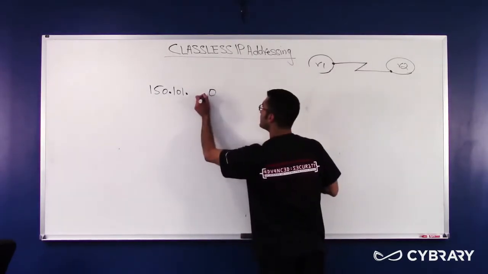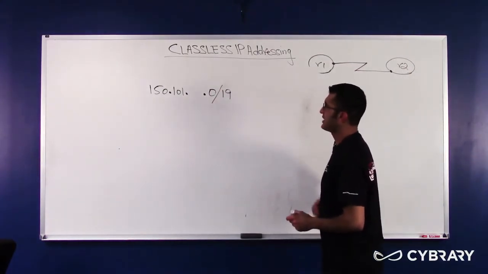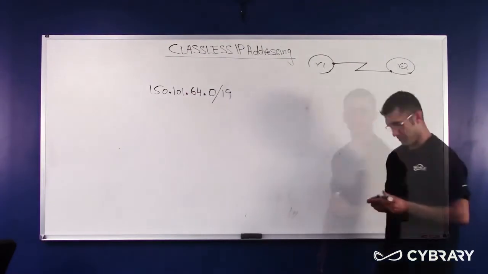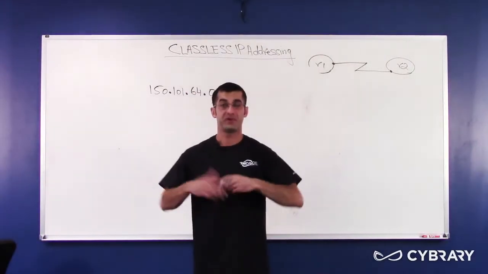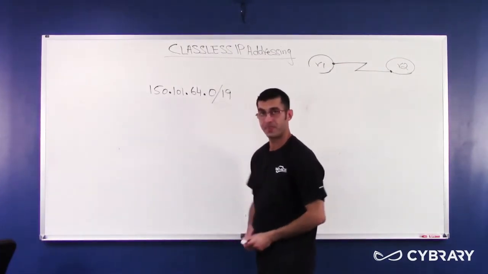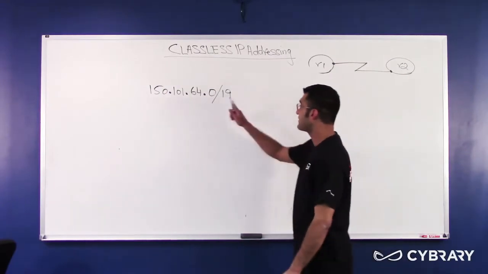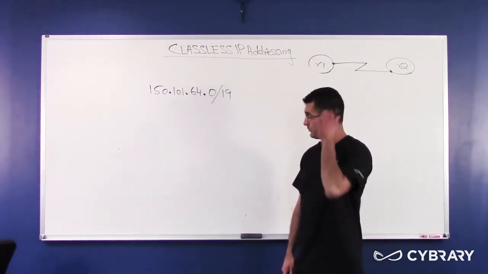Let's make this /19, and let's make this 64.0. My question to you guys, or a question could be, what is the valid host range for this network? Well, let's figure it out. Again, I'm going to take the subnet mask, which is /19, and break it down into binary.